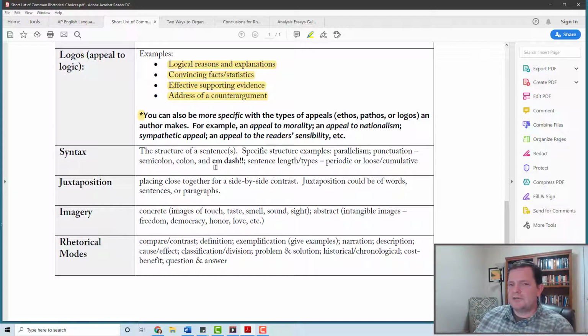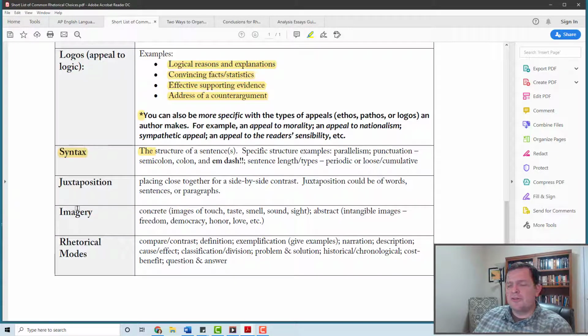Now you've got to ask yourself, how does this specific kind of syntax, this broken syntax, this flowing syntax, this truncated syntax, this abrupt syntax, this flowery syntax, how do those things appeal? How do they form an appeal, right? So you've got to be careful with that thought process, but that is an element that you can analyze.